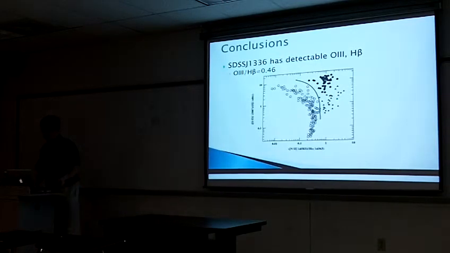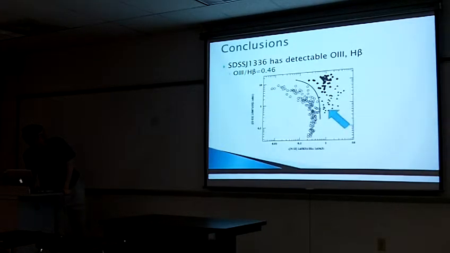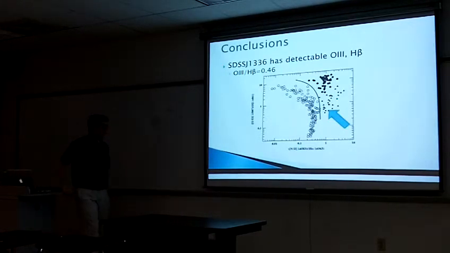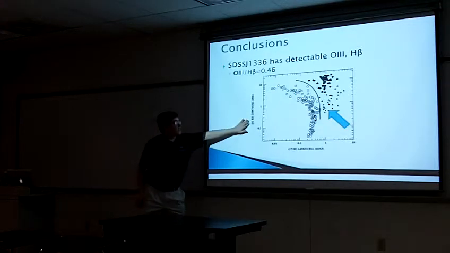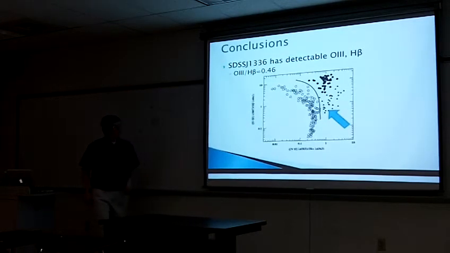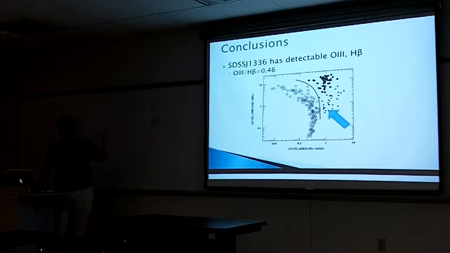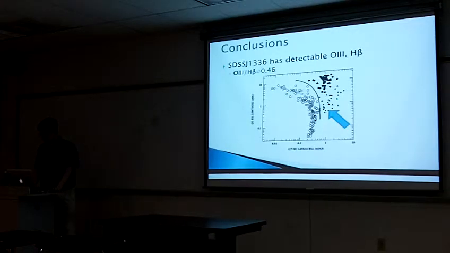And when you take the measurement of 1336, you get a 0.46 for oxygen 3 over H beta, and that puts it down here, which just says that we have some sort of low activity, whether it be star formation or a lowly active supermassive black hole that's ionizing oxygen 3, and that's the emission that we're seeing.